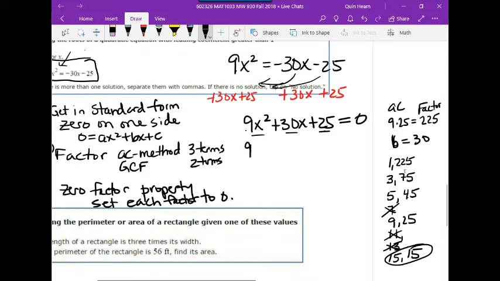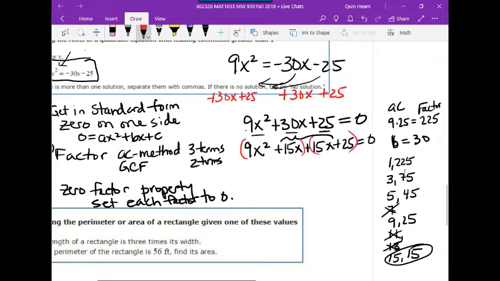So that gives us 9x squared plus 15x plus 15x plus 25 equals 0. See, I haven't changed the equation. I've just written it in a different format. All right, do you remember why we split the middle term? We did that so that we could use grouping. We've turned a trinomial into a 4-term polynomial.